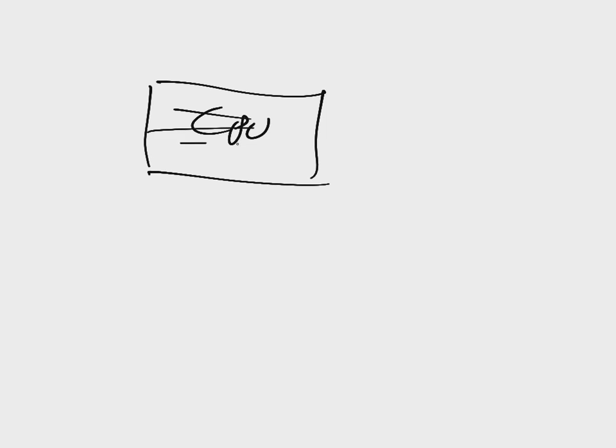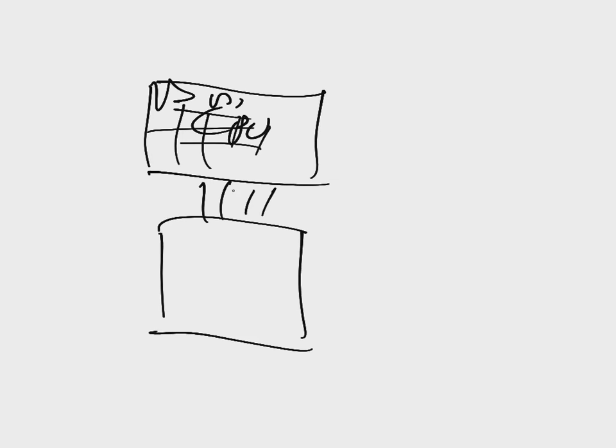So here is your CPU with all these lines and with many registers. And here is your memory, and I will show it as just a two-dimensional table. And in some part of this memory, it is connected to some external device.